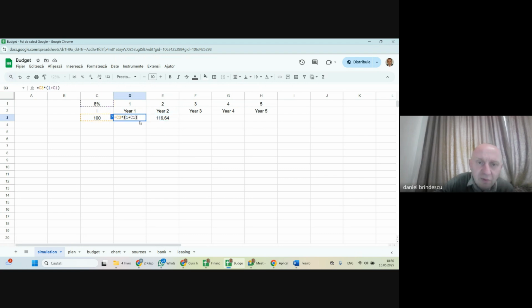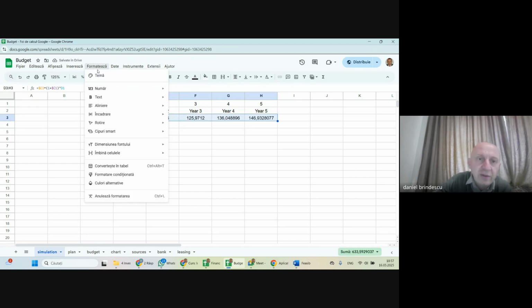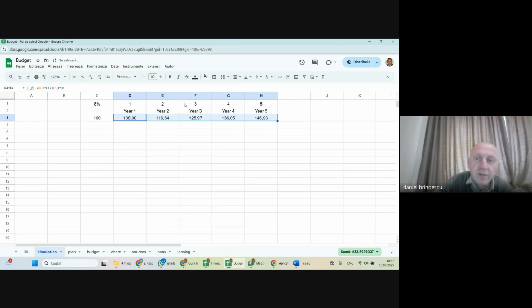So I can simply use this formula to calculate the value to which we would get at a return of 8% per year.